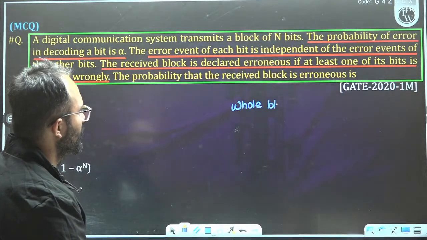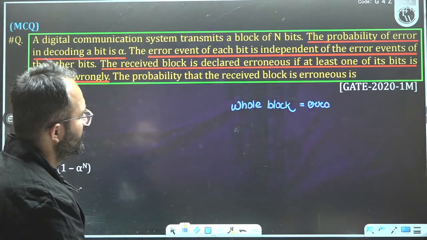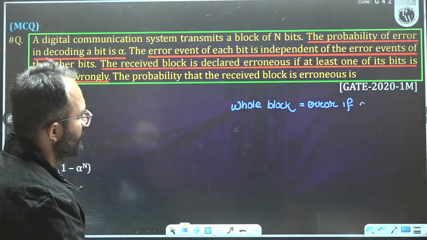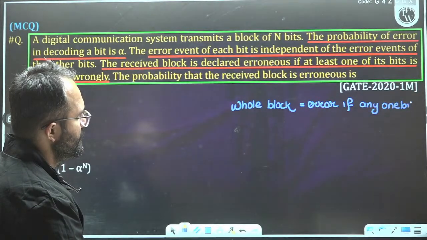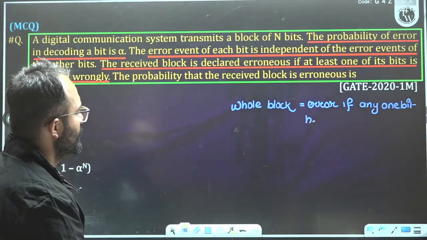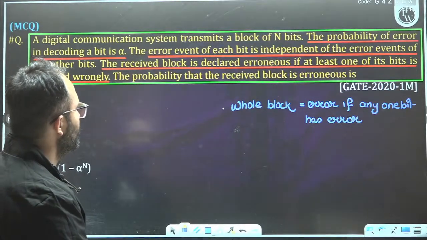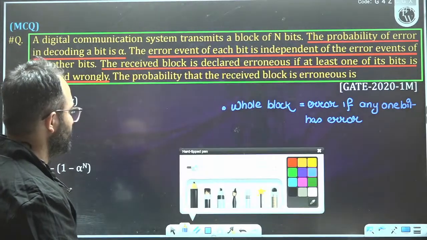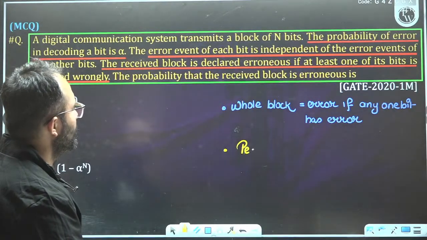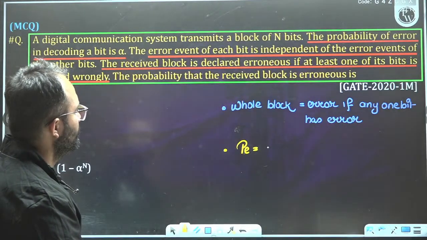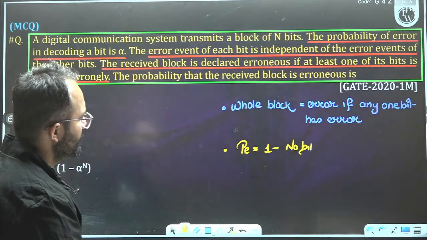The whole block is erroneous if any one bit has error. Okay. So probability of error is 1 minus no bit error.